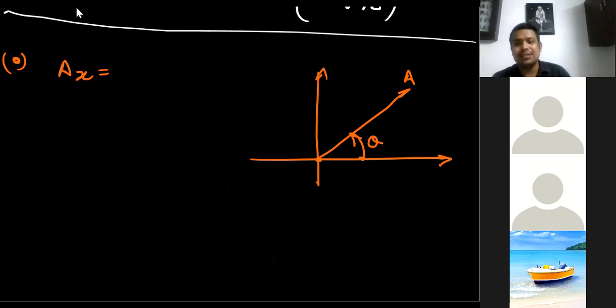AX is the component of A along the x-axis, the x component of vector A. So AX is A cos theta. Is it okay?